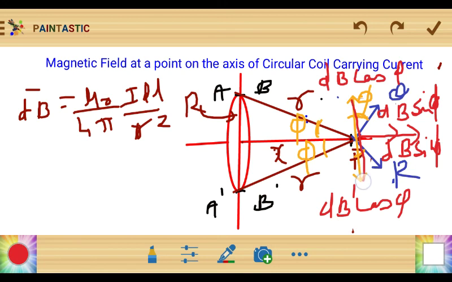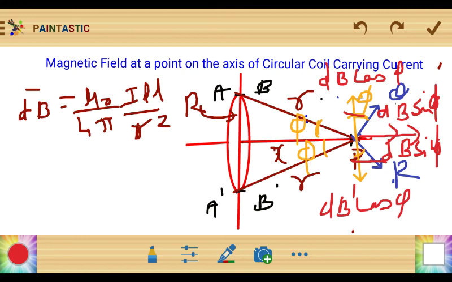these vertical components are opposite to each other, so these vectors will cancel each other's effect. So what is left? Only the horizontal component, dB sin phi. So the total magnetic field, these two are all summed up.